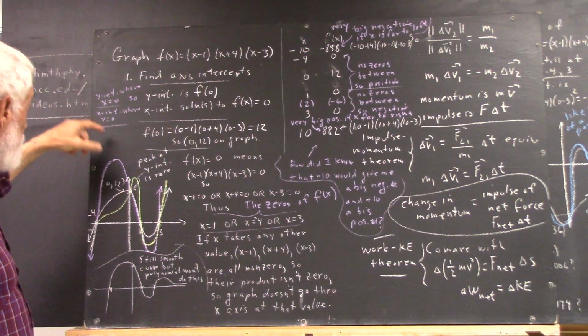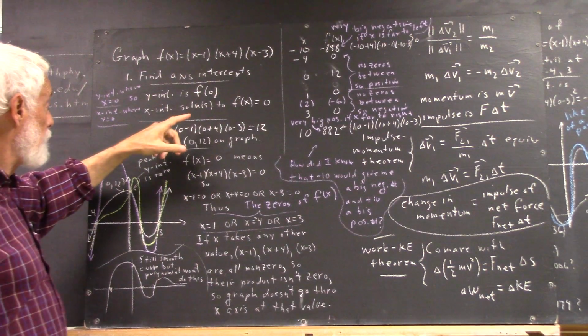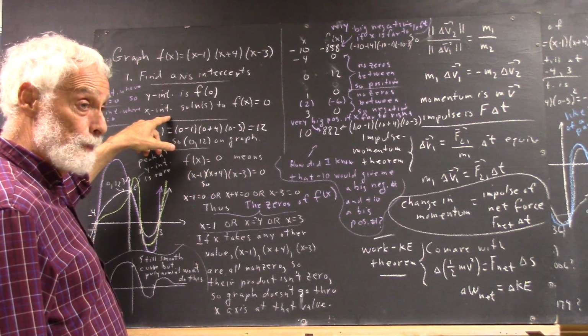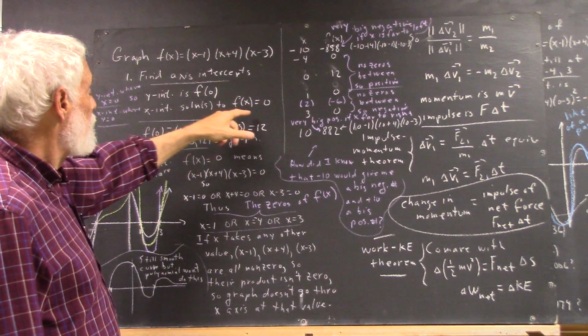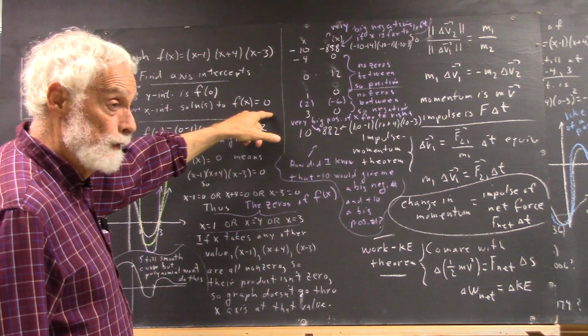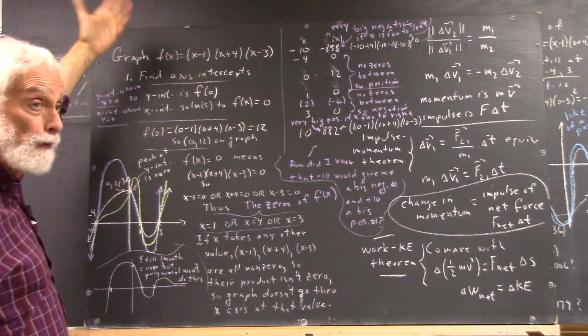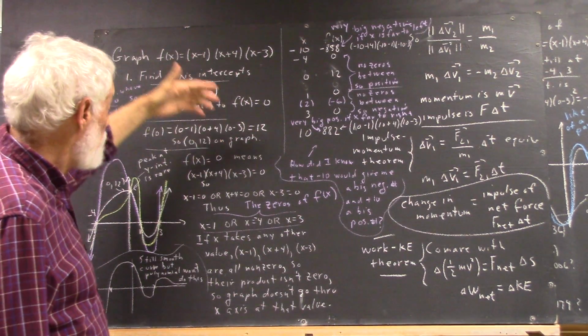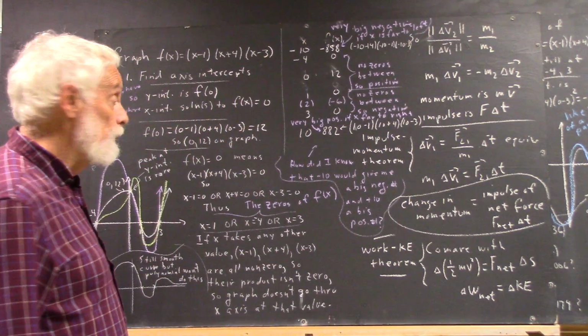And the x-intercept is where y equals 0. So that means the x-intercepts are our solutions to the equation f of x equals 0. Why? Because y equals 0 and y equals f of x. So to say that y equals 0 is to say that f of x equals 0.